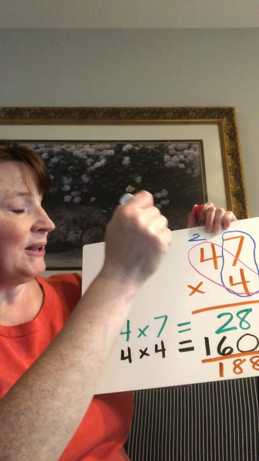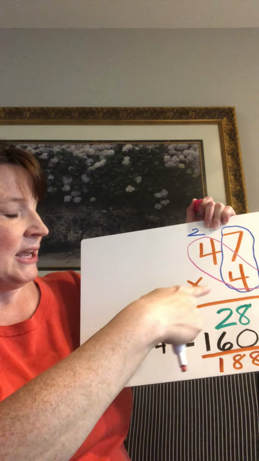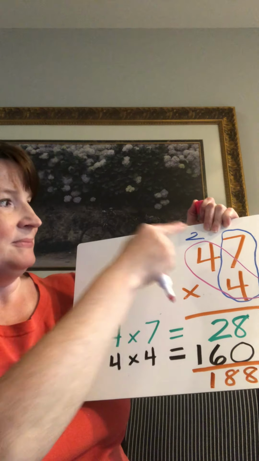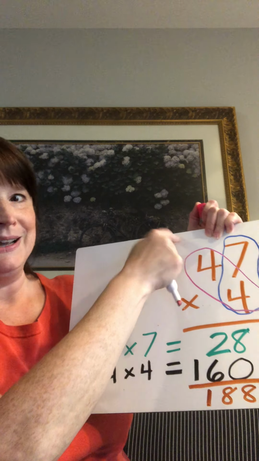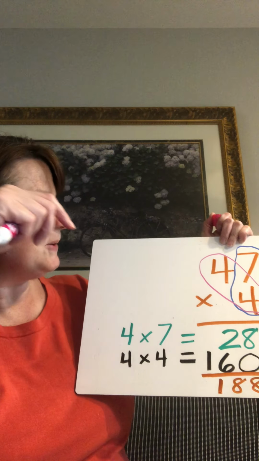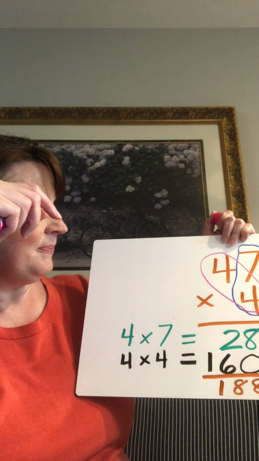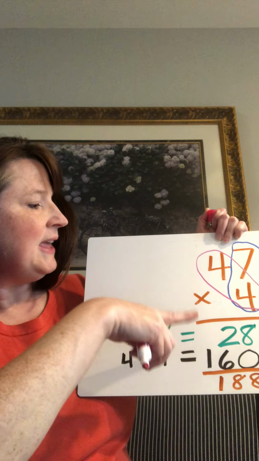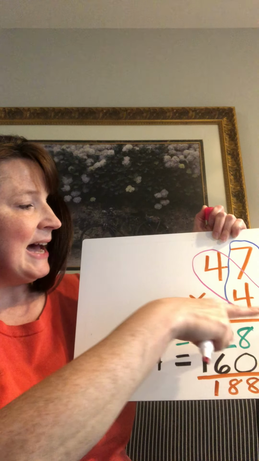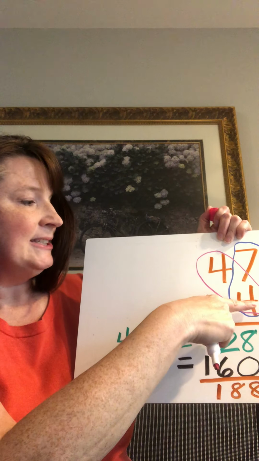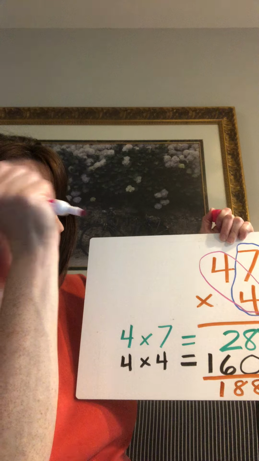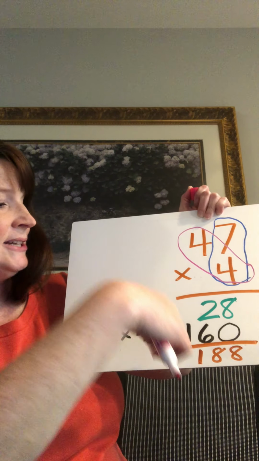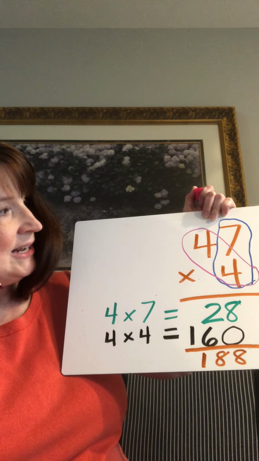And then when you put these two together, the 28 we got in the first column, which is the ones column, with the 160 we got when we multiplied this 4 by this 4 in the tens column, we can simply add those together, and that gives us our answer of 188.